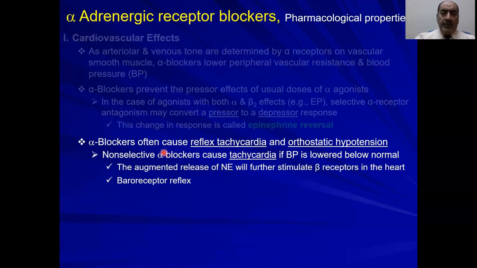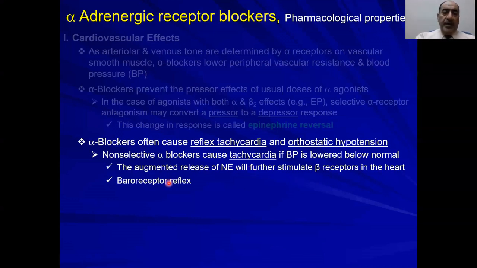If you inhibit these alpha 2 receptors by these alpha blockers, this effect is not going to occur, which means norepinephrine release will be more, and this will stimulate the beta receptors in the heart, which will cause tachycardia and also increase in the contractility.